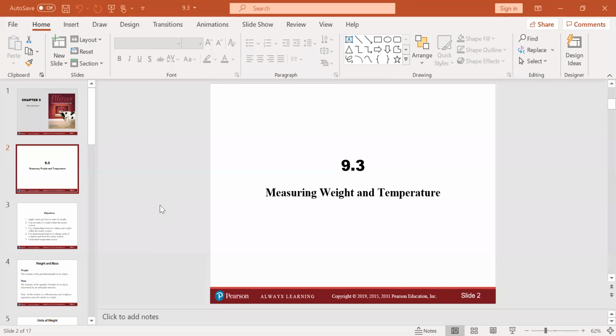Finally, let's look at the last section of chapter 9. We're going to look at measuring weight and temperature. It's going to be our last two things we're measuring.